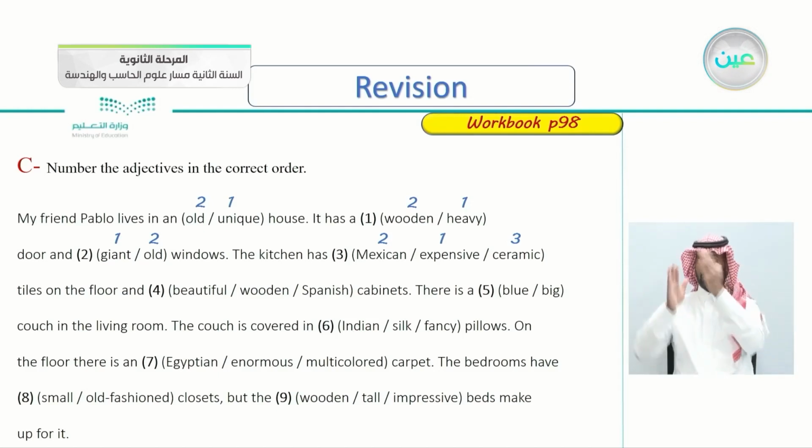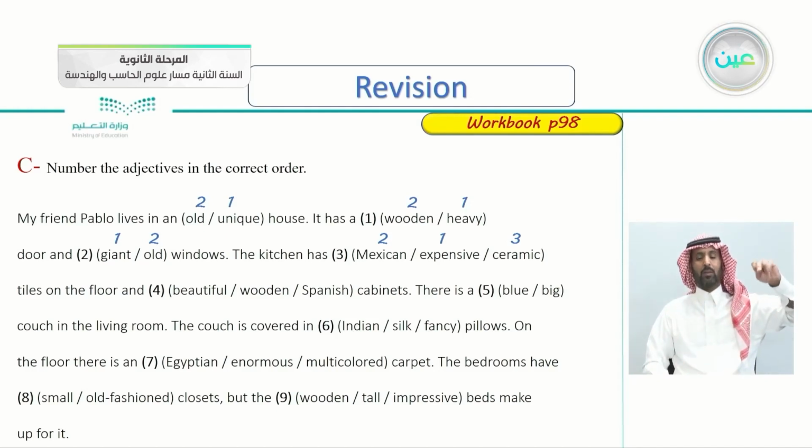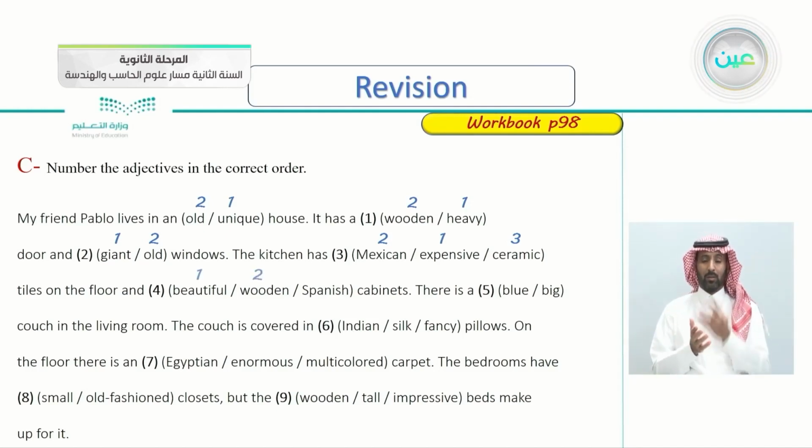So we're describing the cabinets here using beautiful wooden Spanish. So which one is number 1, 2, and 3? Let's check the answer here. So the floor has beautiful wooden Spanish cabinets.